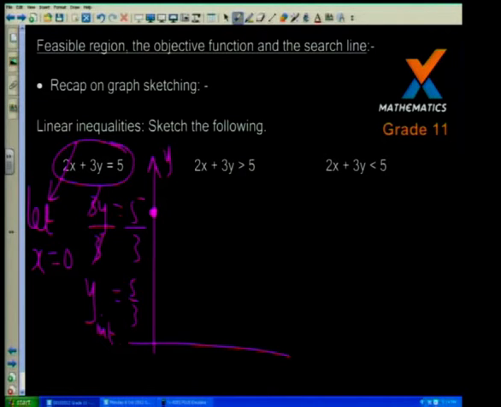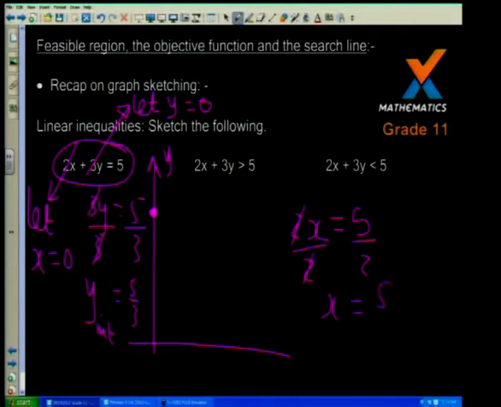What about the x-intercept? To get the x-intercept, you're going to let y equal to 0. If you do that, what do you end up with? You end up with 2x equals to 5, and you divide both sides by 2. Then your x-intercept comes out to be 5 over 2.